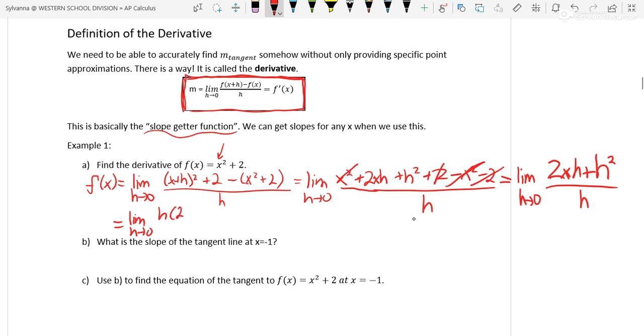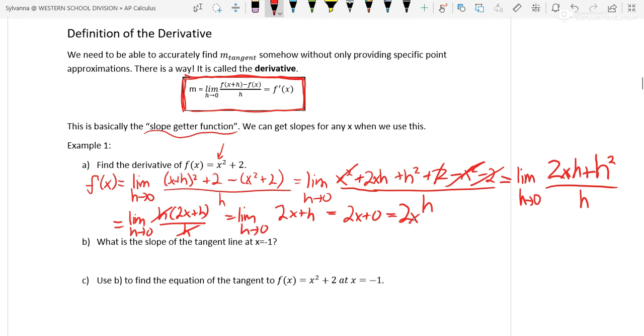So that's h times 2x plus h all over h. This h top and bottom cancels out, so we're left with the limit as h goes to 0 of 2x plus h. And now we're going to plug in the 0 in for h, so it's 2x plus 0, so it's 2x.